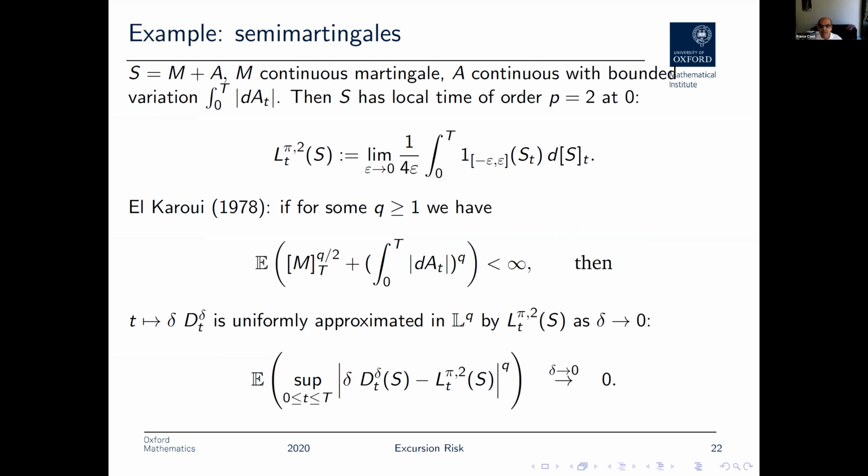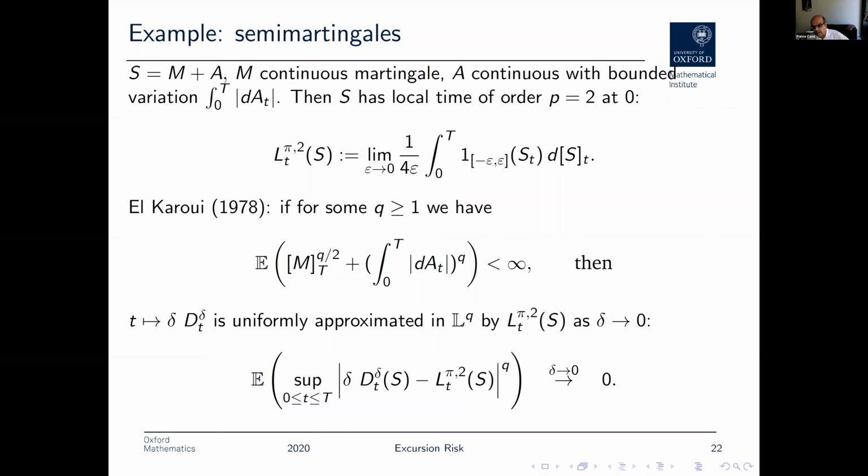So it shows that this is indeed the correct interpretation. The local time of order 2, or the semimartingale local time, can be thought of as the realized profit of a high-frequency mean reversion trading strategy with the threshold going to 0.